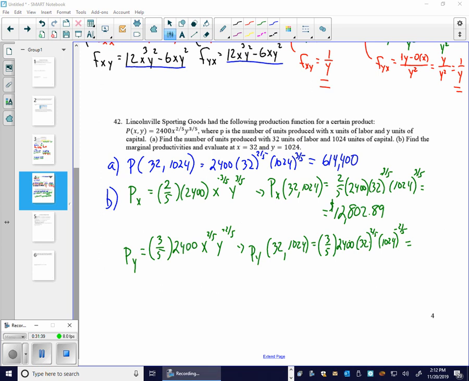All right, and I get 256.06 rounded, assuming I plugged everything in right. Looking at these numbers, I'm not quite confident that I did, but hopefully you guys will figure out if I made any mistakes plugging something in. Everything that's written up there should be correct as far as that's concerned.